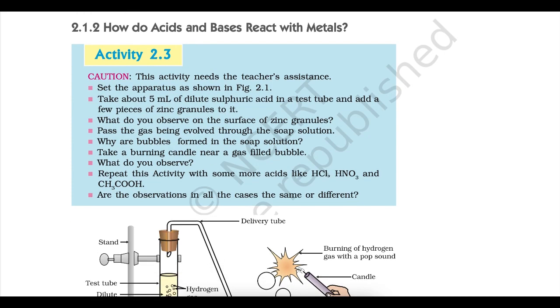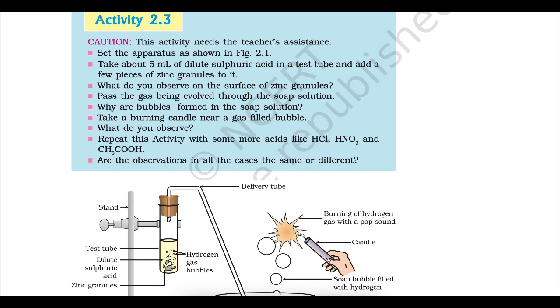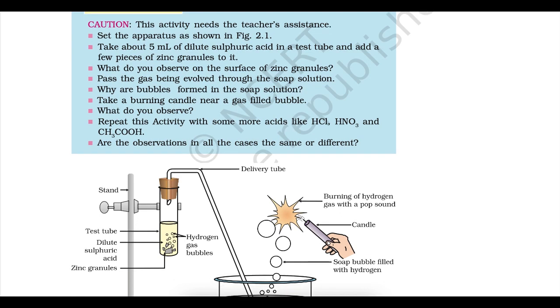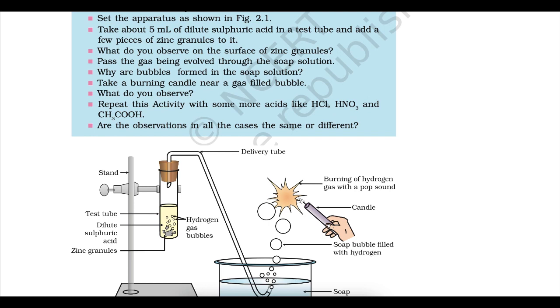How do acids and bases react with metals? Activity 2.3. Caution: this activity needs the teacher's assistance. Set the apparatus as shown in figure 2.1. Take about 5 ml of dilute sulfuric acid in a test tube and add a few pieces of zinc granules to it. What do you observe on the surface of the zinc granules?